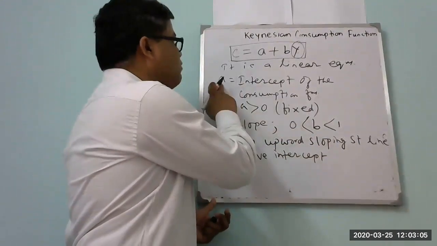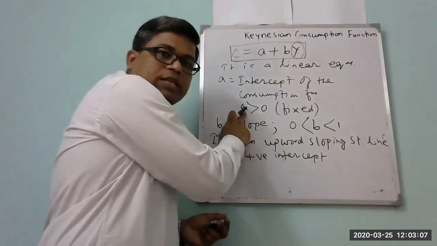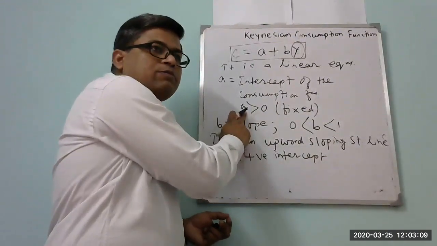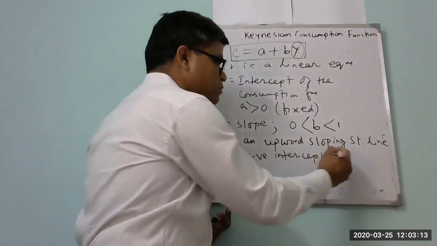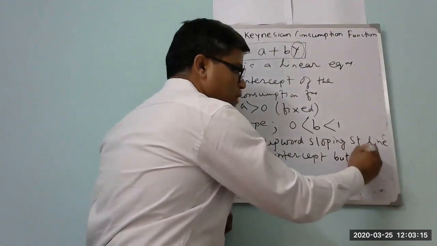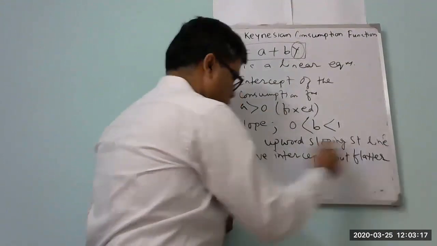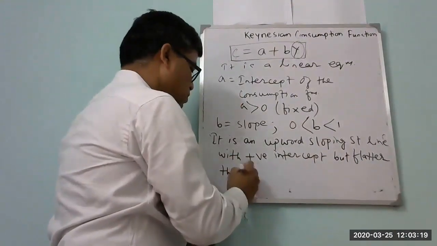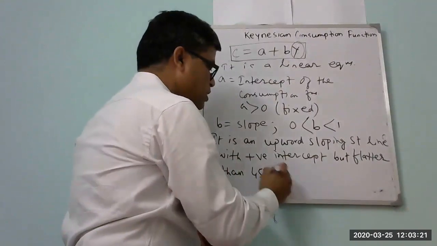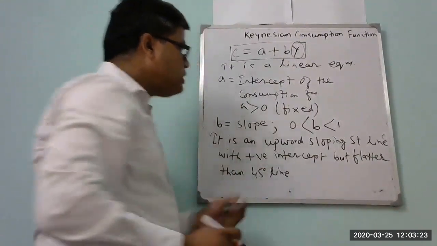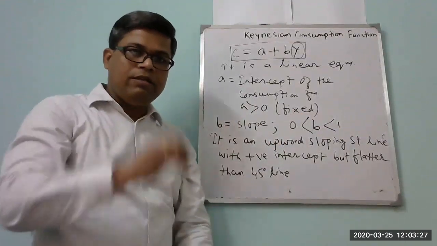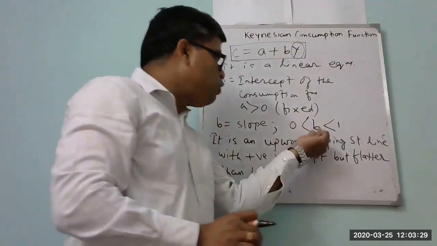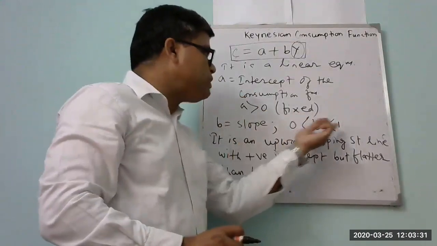Positive intercept: here you can see A, the autonomous consumption, that will always be positive. With positive intercept, but flatter than the 45-degree line. Why is it flatter than the 45-degree line? The reason is that the slope is less than 1.